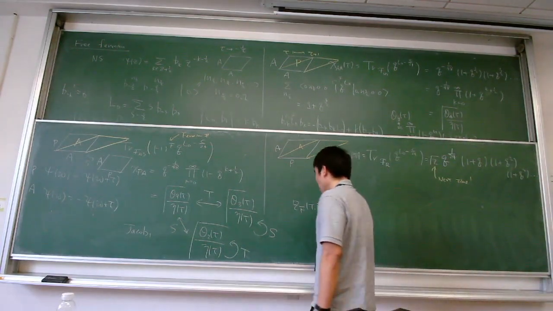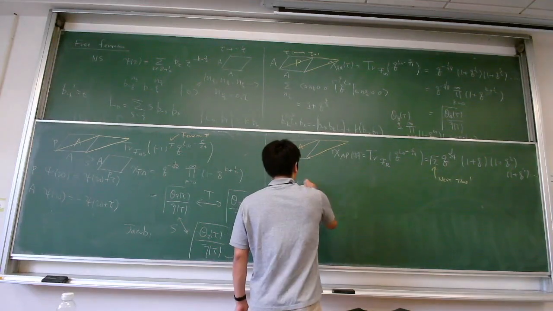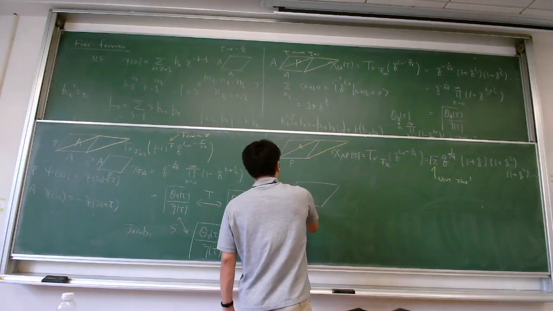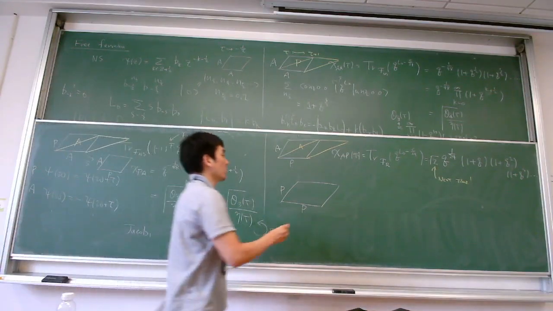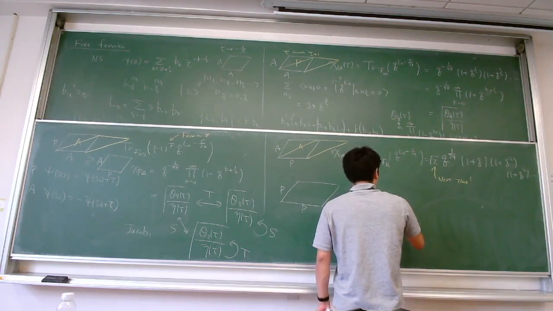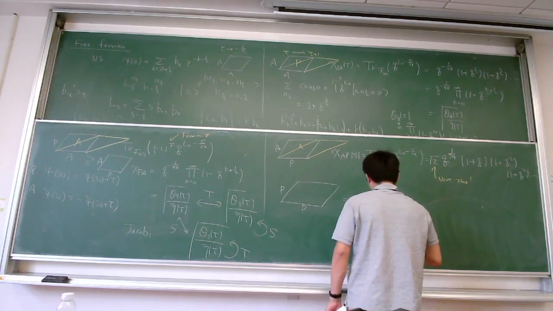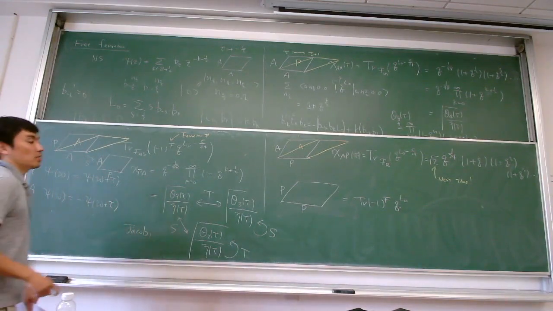So one can answer the following question. Periodic boundary condition. So this is the trace of Q to the L0 over the Hilbert space, and this is indeed 0.